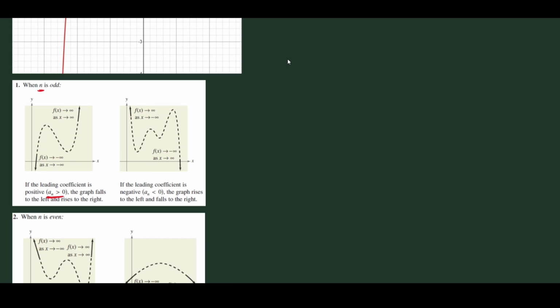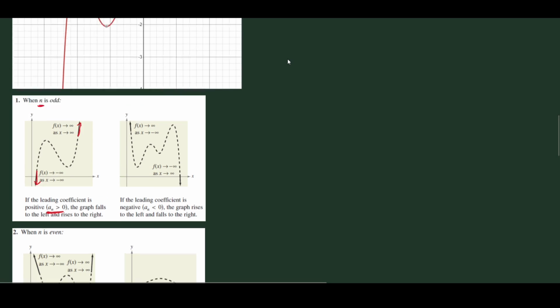The end behavior: f of x approaches negative infinity as x approaches negative infinity. And as x approaches positive infinity, f of x also approaches positive infinity.